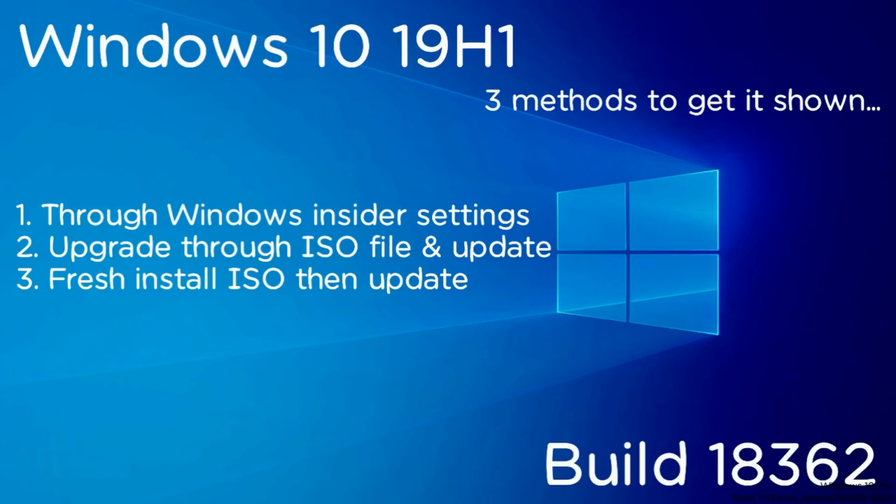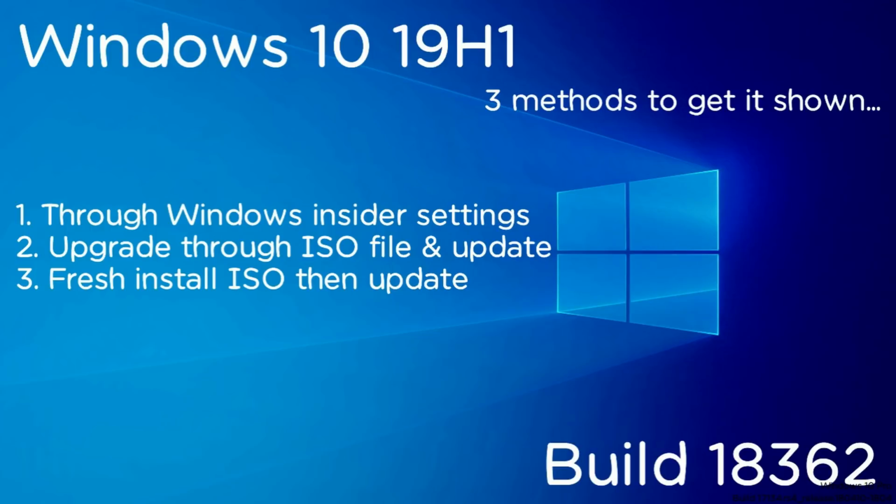So one thing I want to add after that is the only bad thing about upgrading through an ISO to an older insider, which if they still have build 18343 on their website and not 18362, the only bad thing about doing that is the fact that you have to update it again, which means it will delete the windows.old for your previous version of Windows, meaning you will not be able to get off 19H1 unless you reinstall Windows.